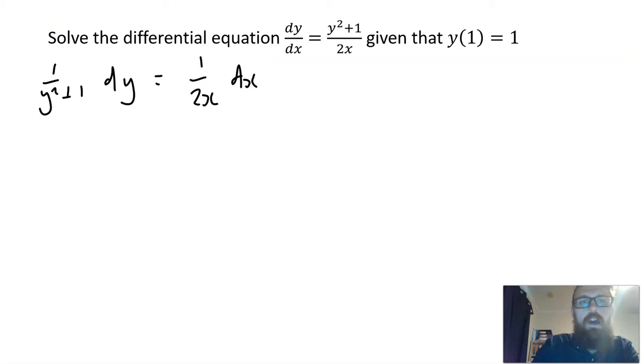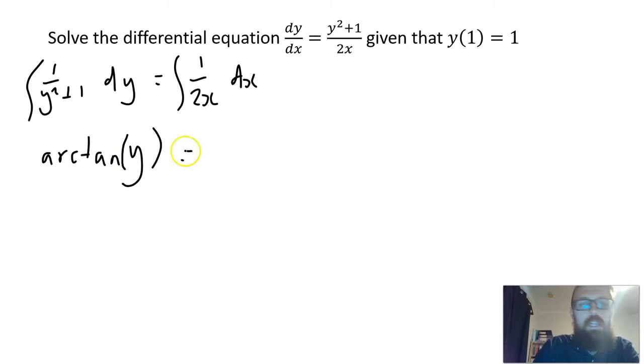If we remember our rules from our last topic, when we've got 1 over y squared plus 1 and we're integrating dy, we're going to get arctan of y equals half natural log of x plus c.